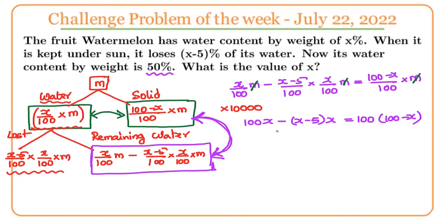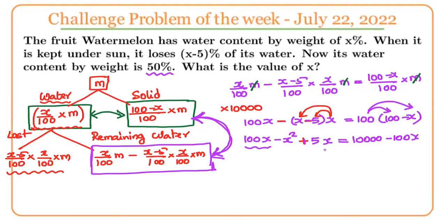All right, now we remove the brackets, so we're going to have 100x minus x squared plus 5x. We have to be careful with the negative signs. When we do the distributive property, we have minus x squared, and then minus of minus is plus 5x, so we get plus 5x here, and that's going to be equal to, again, distributive property, 100 times 100 is 10,000 minus 100x.